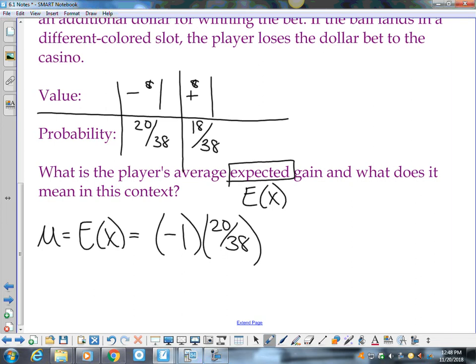Plus, what's the other outcome? 1. What's the weight behind that 1? 18 out of 38. Now grab your calculator and figure that out.